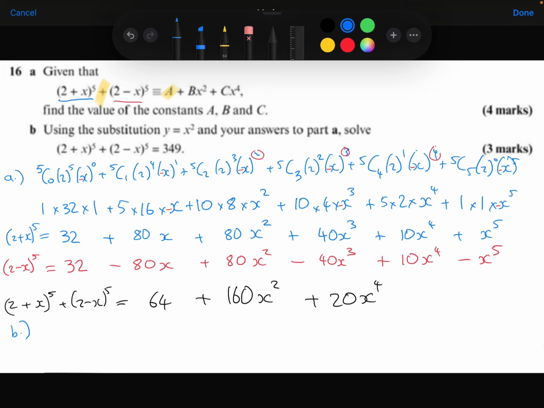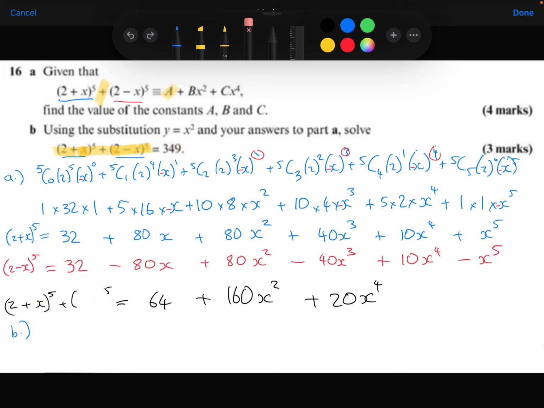Part b. Using the substitution y equals x squared, and my answer to part a, solve the equation (2 + x)^5 + (2 - x)^5 is equal to 349. So this, which is this, is equal to 349.